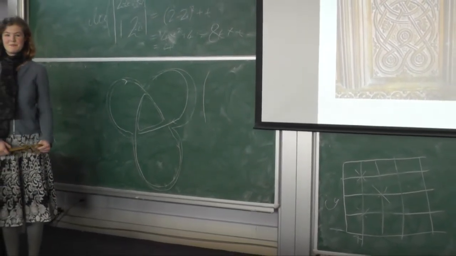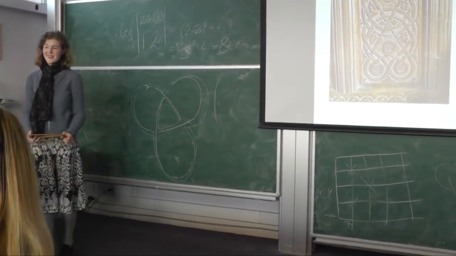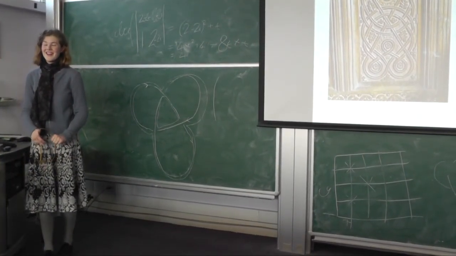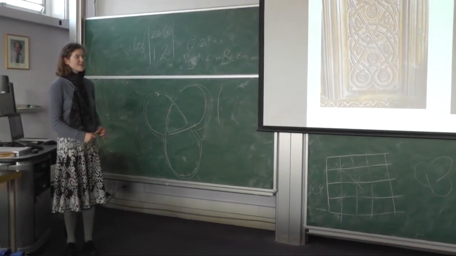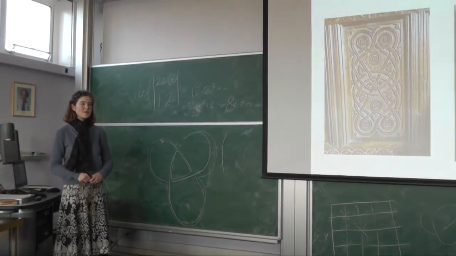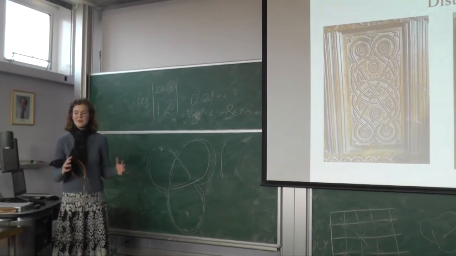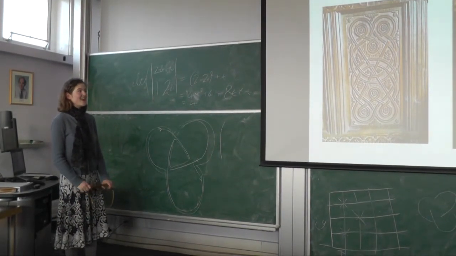Are there other families of knots other than Celtic that are similar? Yes, and in fact Celtic knots are more general than you think, because every alternating knot, every knot that has just one alternating projection, will be a Celtic knot.